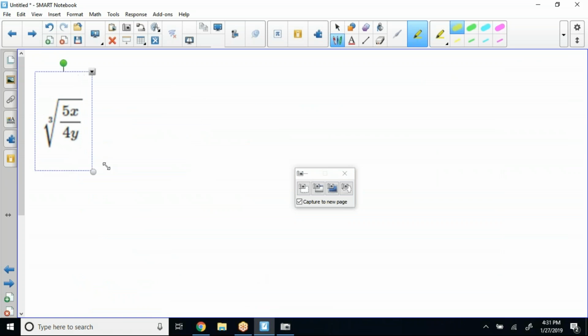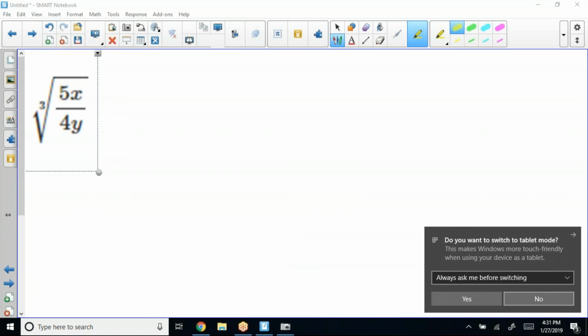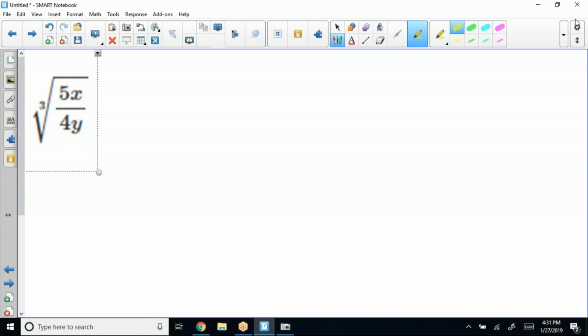All right, so I'm looking at perfect cubes. None of these are perfect cubes, and I can't simplify between them before I go. Now let's consider, what do I need to rationalize it by?